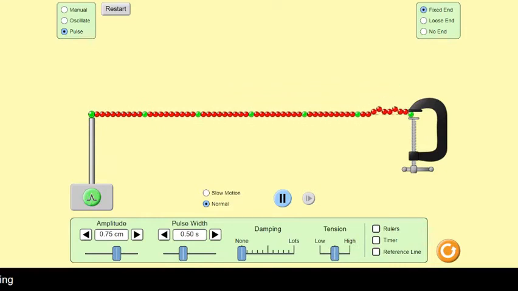Okay, so, oops, I gotta pulse it. Here's the medium amount of tension as our base reference. So if we increase it to a large amount of tension, we're going to notice that that wave starts moving a lot faster. Okay, so that means the greater the tension, the faster a wave will move. Conversely, if we go to a low amount of tension, it's really going to move slowly.